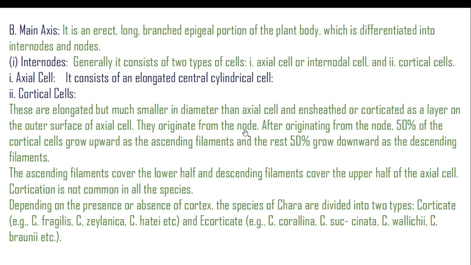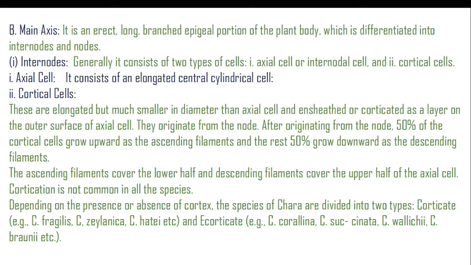They originate from the node. After originating from the node, 50% of the cortical cells grow upward as ascending filaments, and the other 50% grow downward as descending filaments. The ascending filaments cover the lower half, and the descending filaments cover the upper half of the axial cell, and that forms the corticatio n.